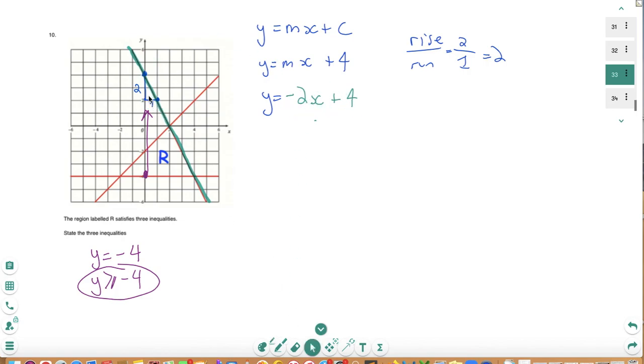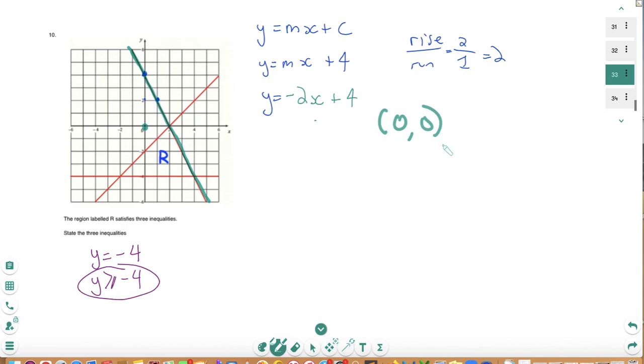Now, we have to figure out where our inequality sign goes by doing our little test. Since our region is on this side of the line, we're going to choose any coordinate on this side. So I'm going to choose this coordinate here, 0, 0. All you're going to do is replace y with the y coordinate and x with the x coordinate.